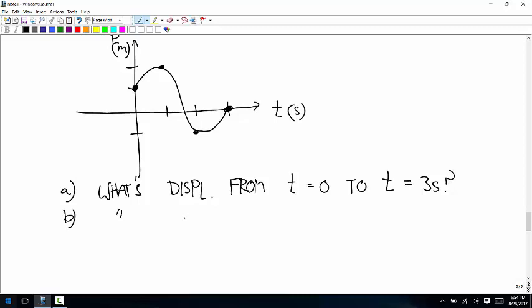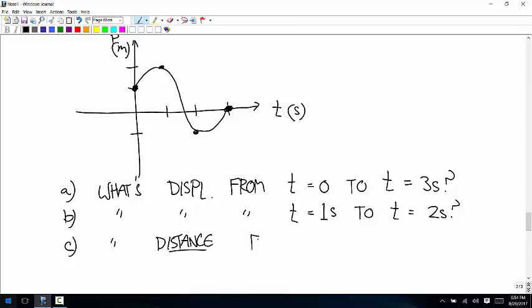Then let's figure out what's the displacement from time equals 1 second to time equals 2 seconds. And then last, let's calculate one distance. What's the distance traveled from time equals 0 to time equals 3 seconds?